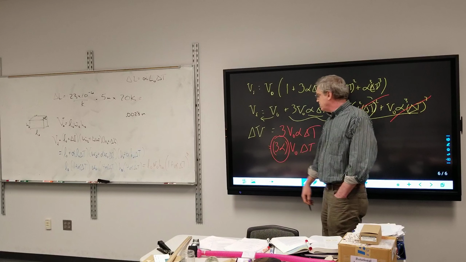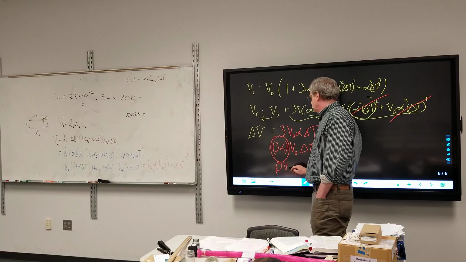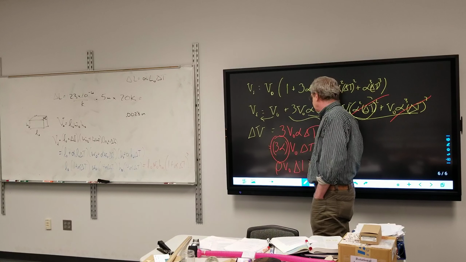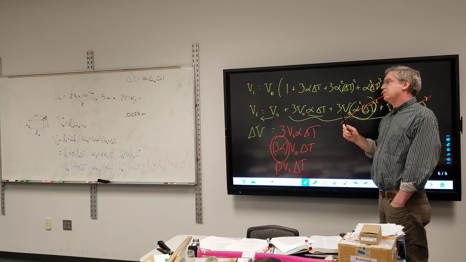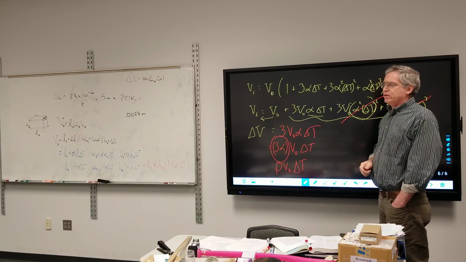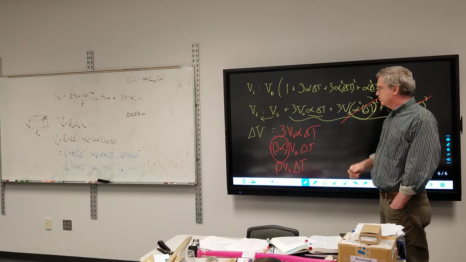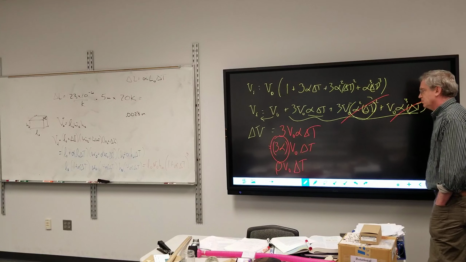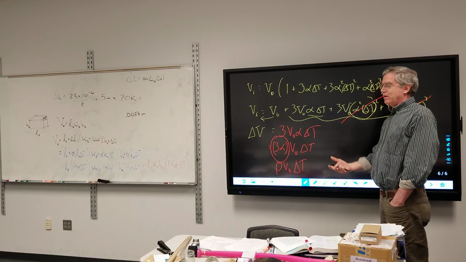This number right here generally is represented by a beta. And whereas alpha is the coefficient of linear thermal expansion, this is the coefficient of volumetric thermal expansion. And as a general rule, it's 3 times alpha.